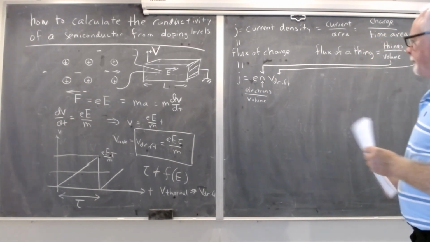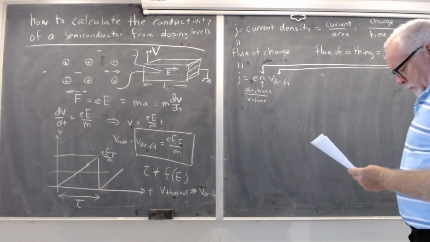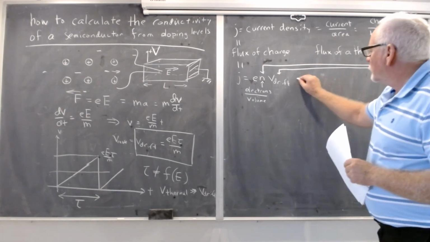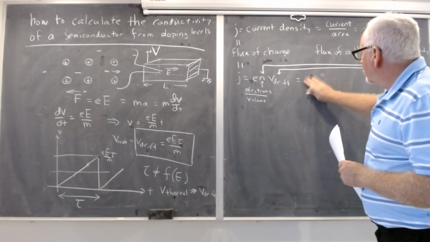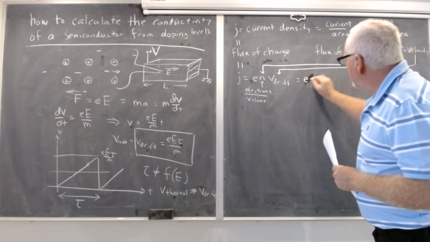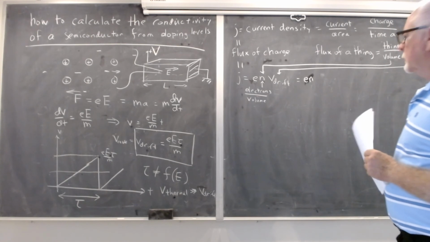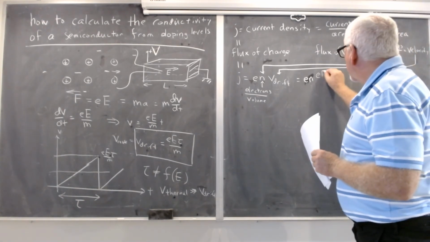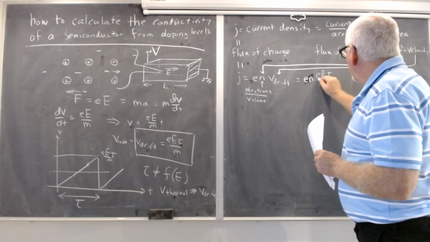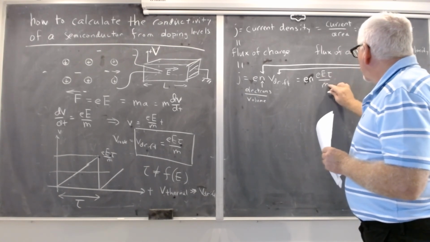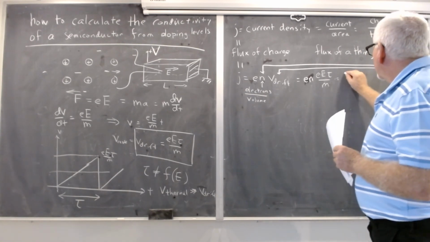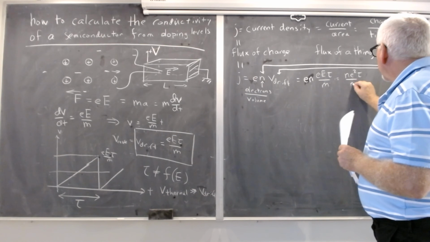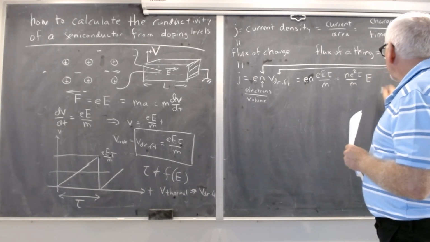All right, and then we just sort of fill in the blank. So that's E times N times the drift velocity, E tau over M. So it's equal to N E squared tau over M times the electric field.